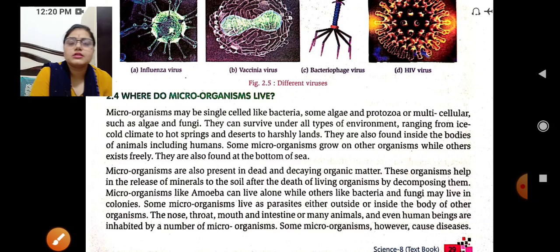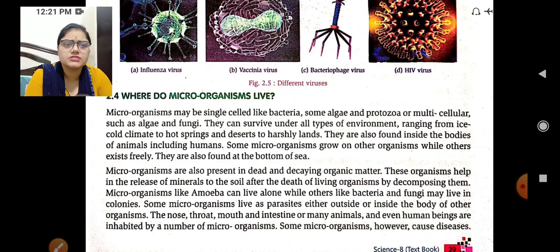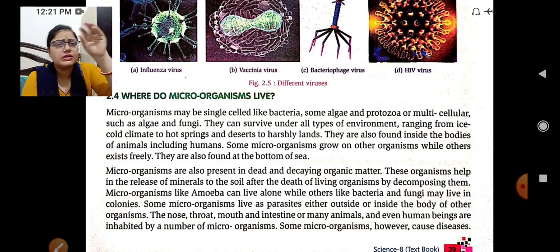The minerals get into the soil with the help of microorganisms only. All the minerals present in the dead organism are decomposed by them, and those minerals are included in the soil due to the help of these microorganisms only.